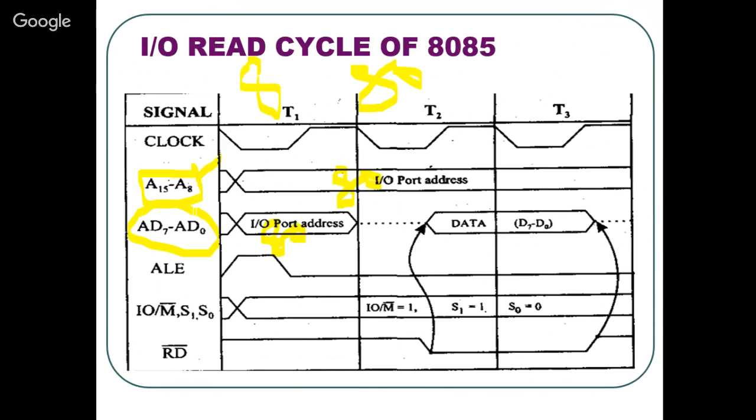So as an option we need to show the same address on the higher order as well as the lower order lines.